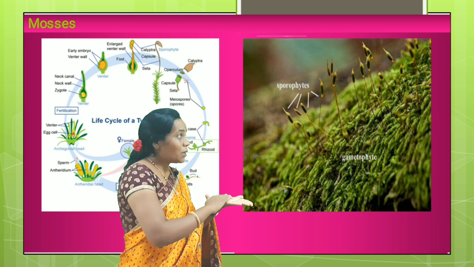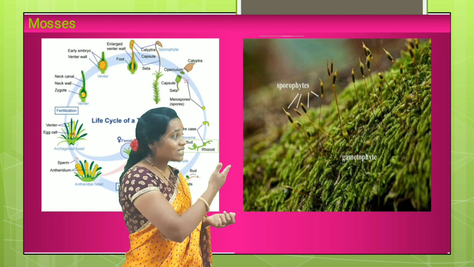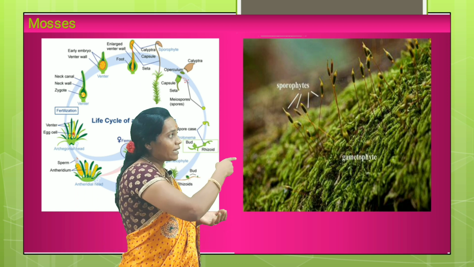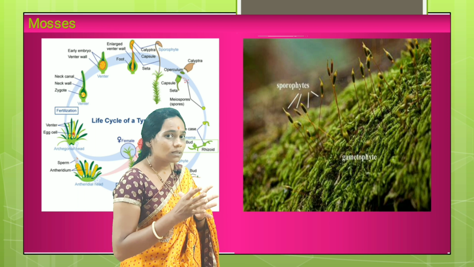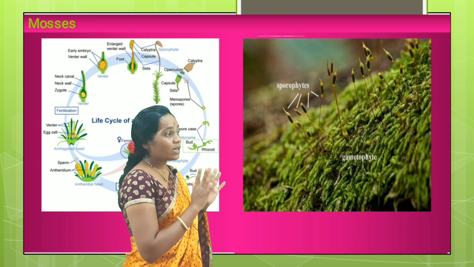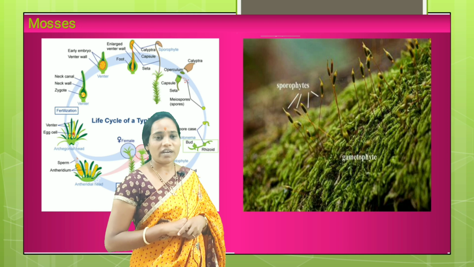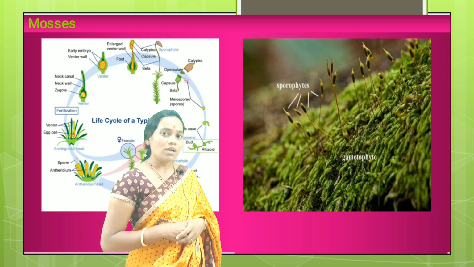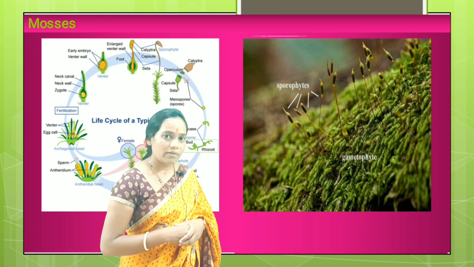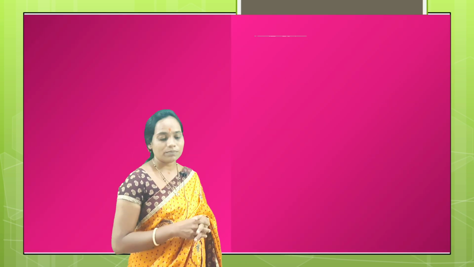That is, from the main plant body, the gametophytic plant body, which is photosynthetic, the sporophytic plant body, which is non-photosynthetic, not free living, gets its nourishment from the gametophytic plant body. This is how, in the leafy stage, you can find it attached to the gametophytic plant body.